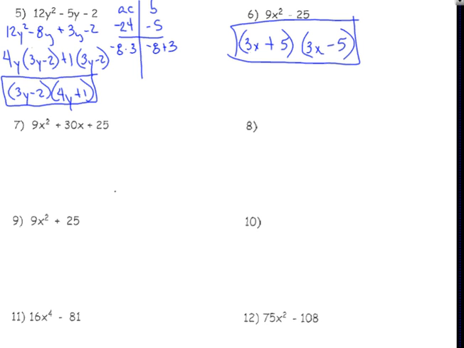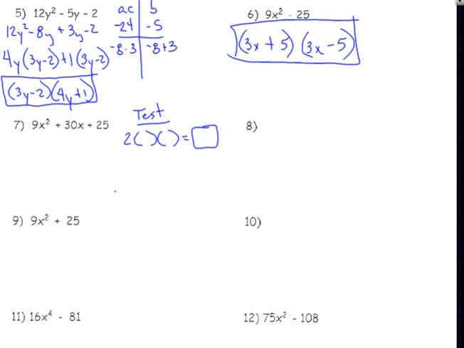For number 7, I first survey and see is there a GCF. If there is not, I next say, hey, leading coefficient is 1. Our leading term is a perfect square. Our C term is a perfect square. So I'm going to test it real quick. Two sets of parentheses, and my little box.